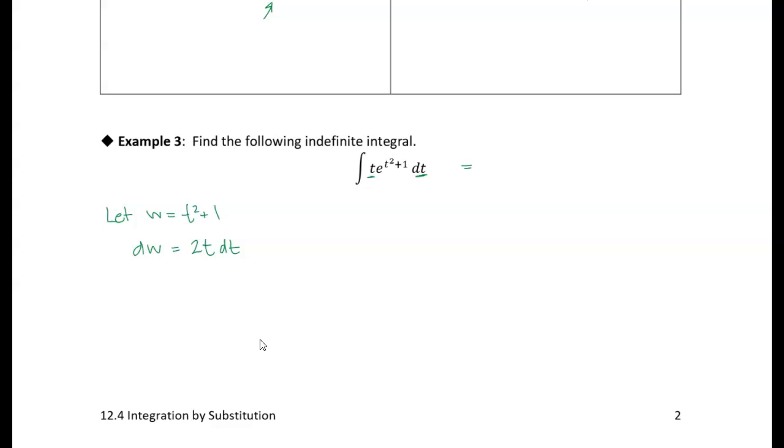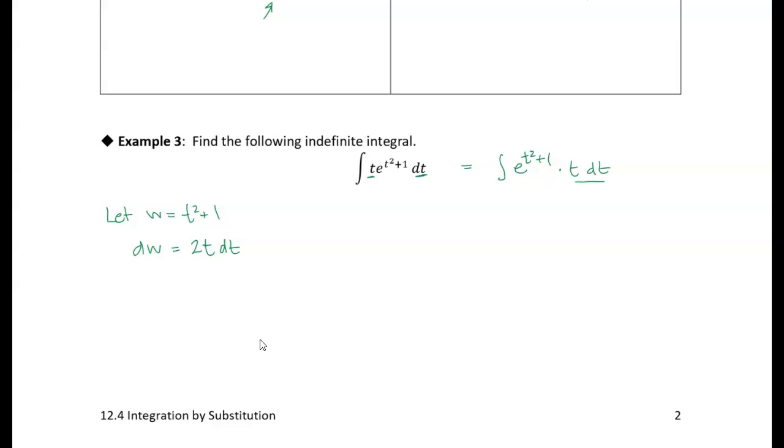I can rearrange this and say this is the same as the integral of e to the t squared plus 1 times t dt. Notice we have t dt, not 2t dt, but don't worry, we can fix that.